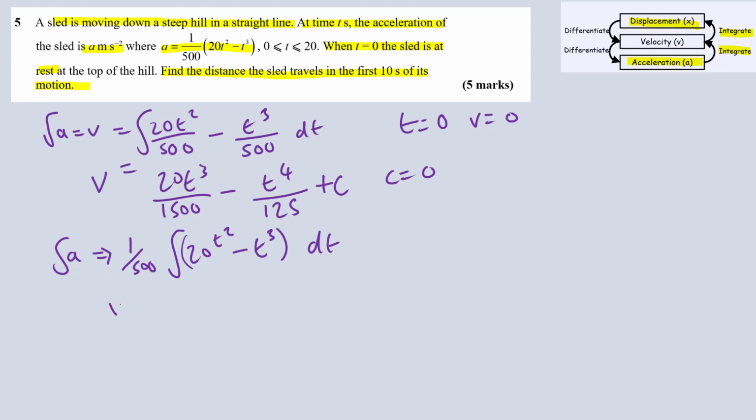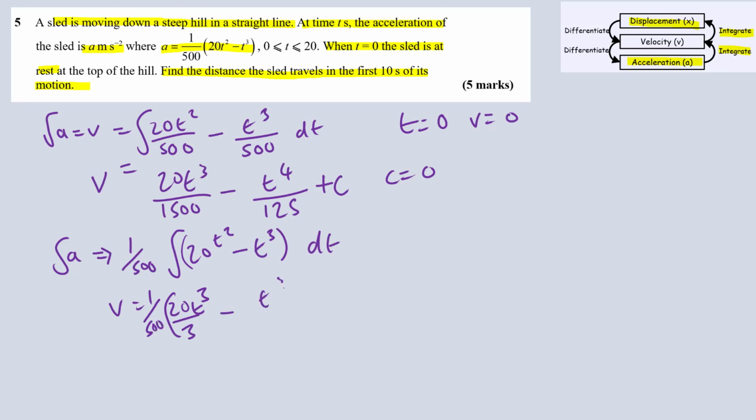Alright, so v equals, same thing, raise the power by 1. You're going to get t cubed, 20 over 3, with the 1 over 500 on the outside. So you can see you can do this as well.